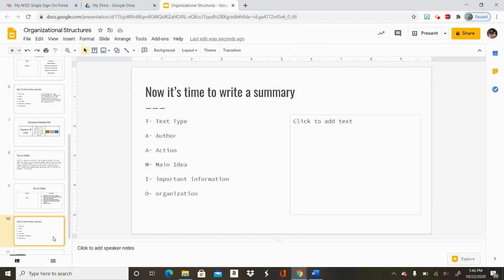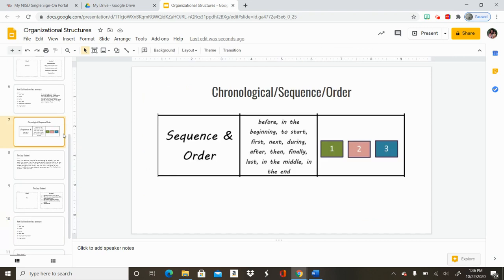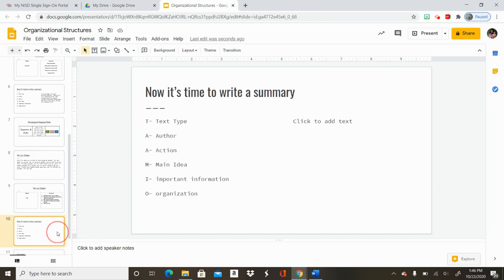Now we write our summary. Again, the text type, the author, the action, the main idea, information, and organization. Let's go back and look at our transition words: before, in the beginning, to start, first, next, then, after, in the middle, and the end.